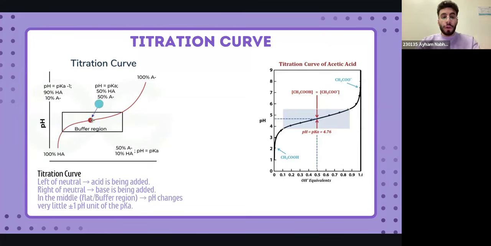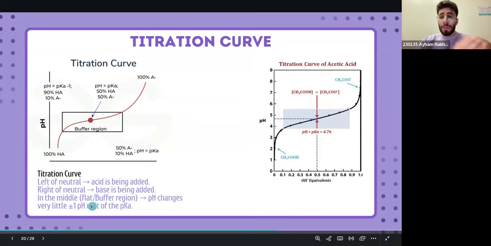Okay, so this point is going to be the isoelectric point of an amino acid, where the amino acid is neutral, there is no charge, and there is no change of charges, there is no loss of protons. So this is the buffering region. It might be plus or minus 1 pH unit of pKa.